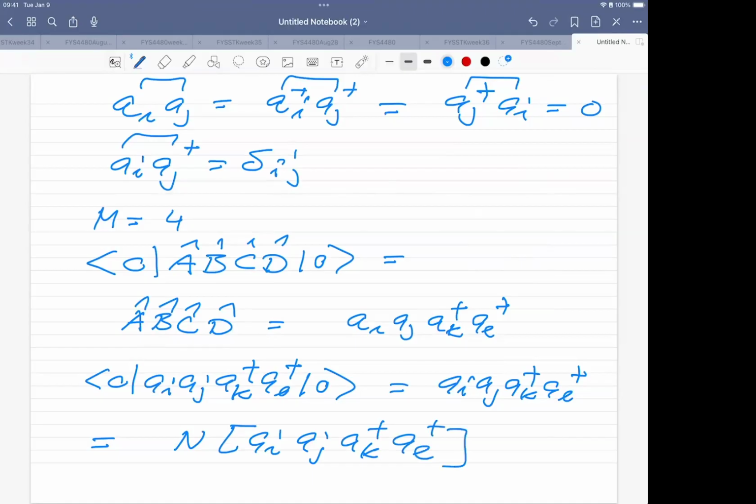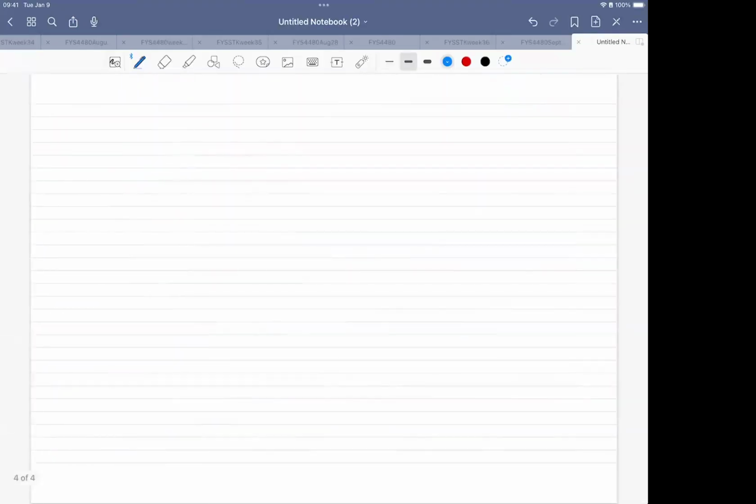So when we did the contractions manually with the anti-commutation rules, we got a term like that one. Then we had an additional term, which went like the sum over all the possible pairs of contractions. So this is a kind of strange notation, all possible pairs contracted.